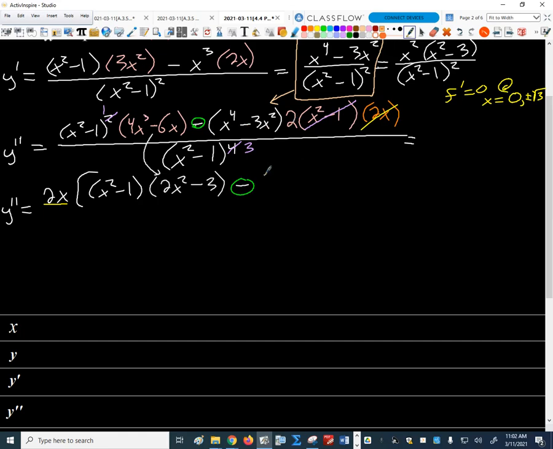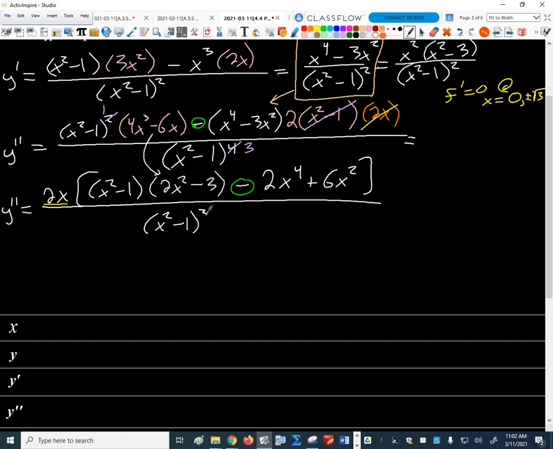I'm going to get a 2x to the fourth, minus a negative is plus 2 times 3x squared, so 6x squared. All divided by x squared minus 1 cubed.